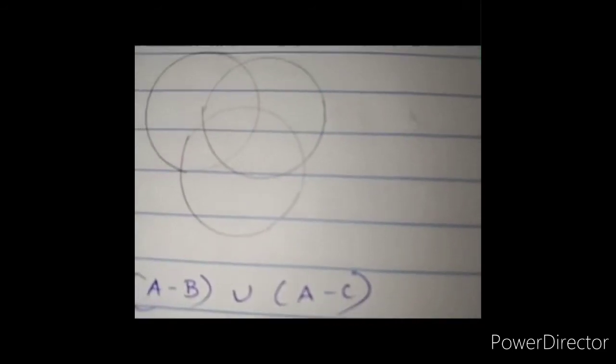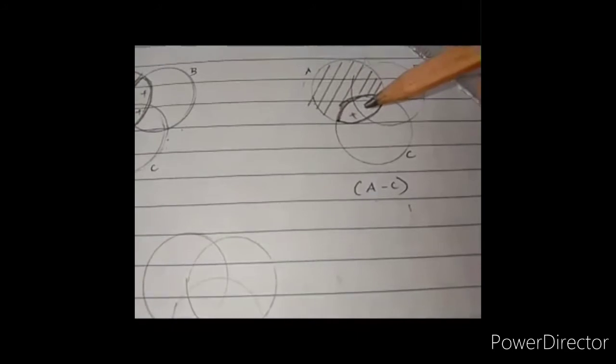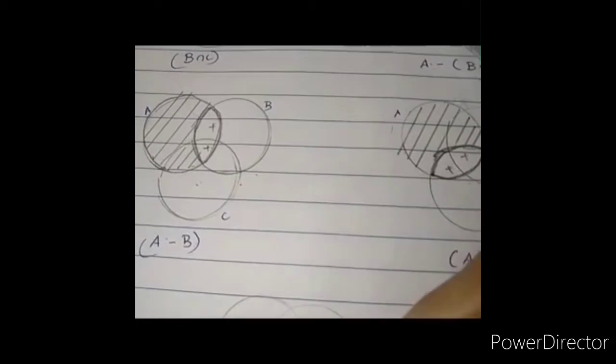Now finally A minus B union A minus C. Union means together you have to shade. If you see the region of A minus B and A minus C, which is together you have to shade, means you have to see which regions are shaded. That region you have to shade.